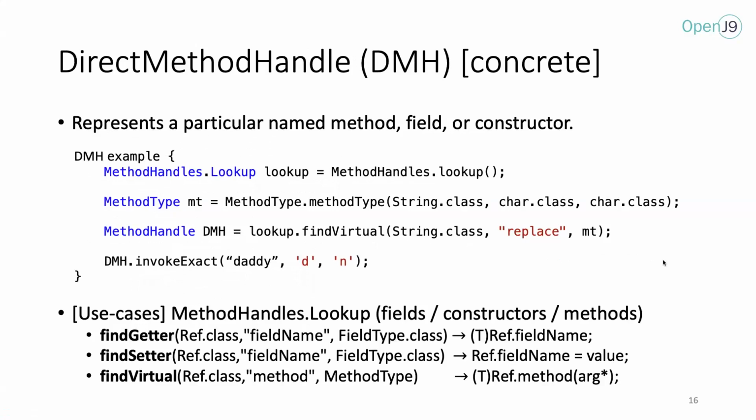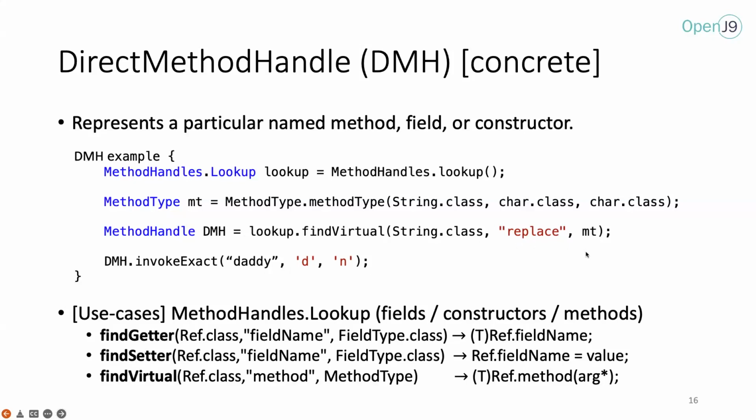In this example, we first instantiate a lookup and use the lookup, and then we create a method type to describe the signature of the method we're trying to look up, and then we obtain the direct method handle for the String.replace method using the lookup.findVirtual API that we discussed earlier. And then we can invoke that method and provide the arguments that we want to provide to replace.